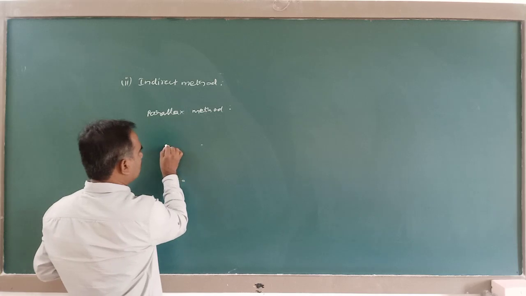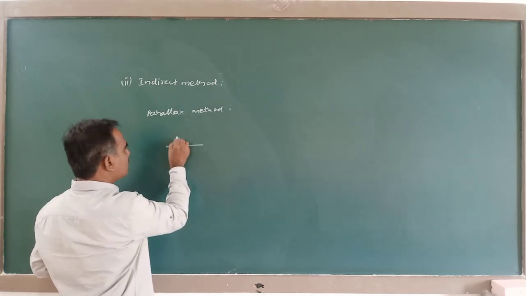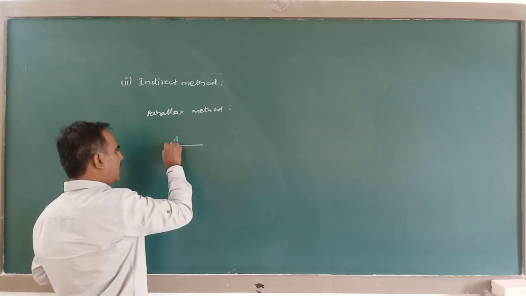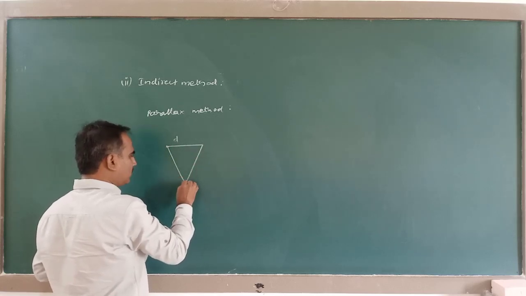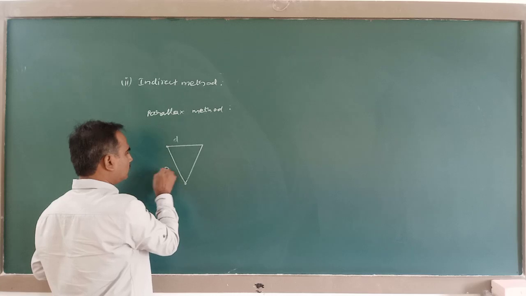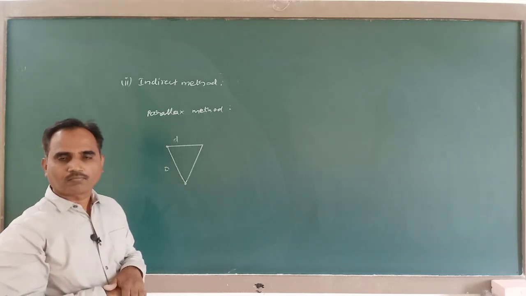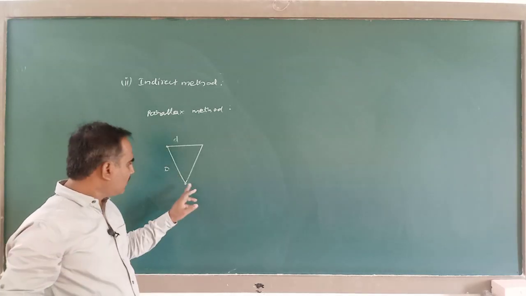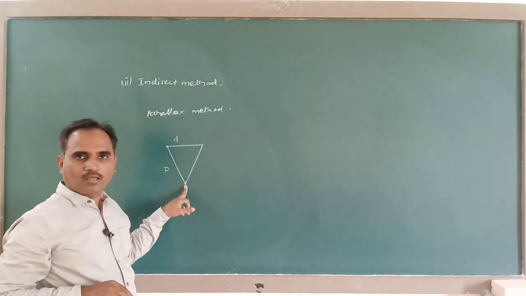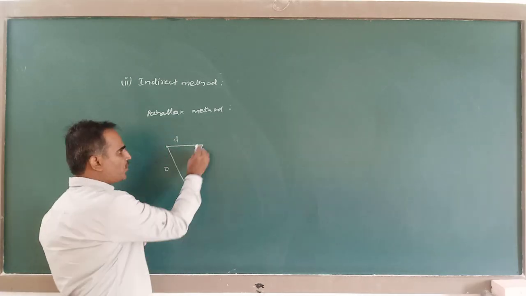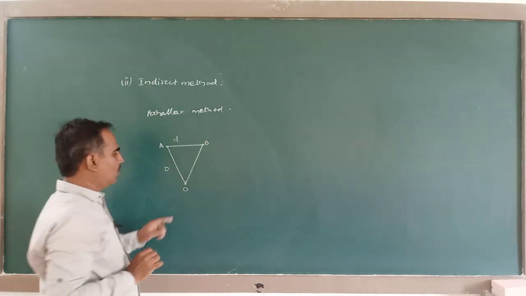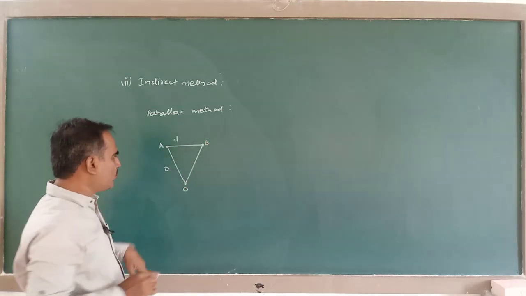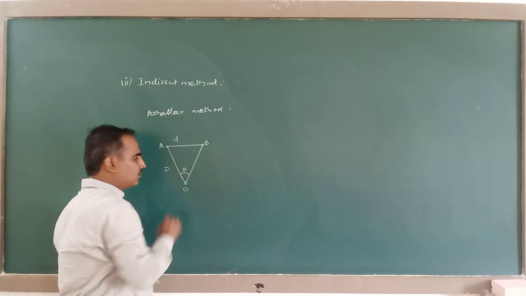So this is a distance d, and let this be the distance capital D. So at this object, the background positions here, A and B, subtend an angle theta.